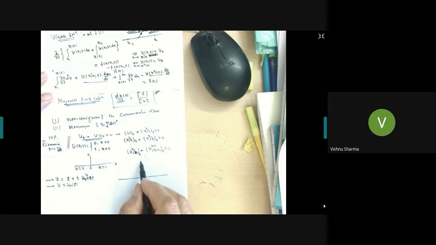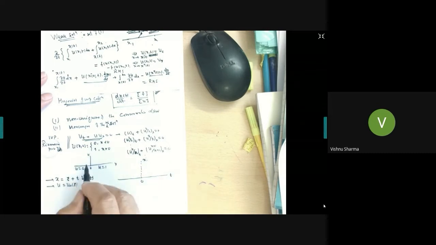Now we are in the xt plane, and this is your ux plane. In the ux plane, this is your initial data. Here u is equal to 0 and here u is equal to 1.